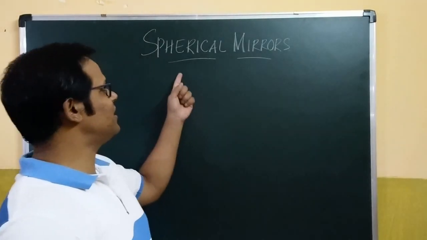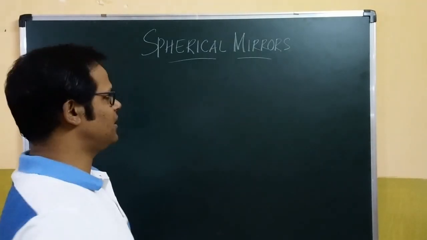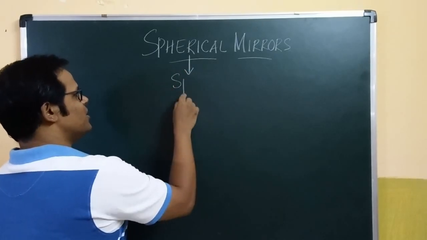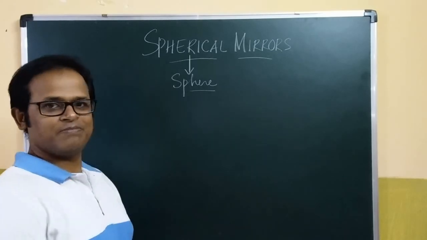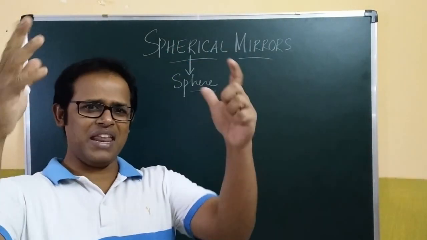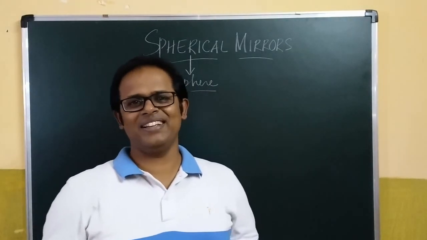Spherical mirrors. Why the name spherical mirrors? Definitely, it's very easy to guess. You're intelligent and smart enough. The word actually comes from the term sphere. So, is it like a spherical ball which I'm talking about as a mirror? No, definitely not.